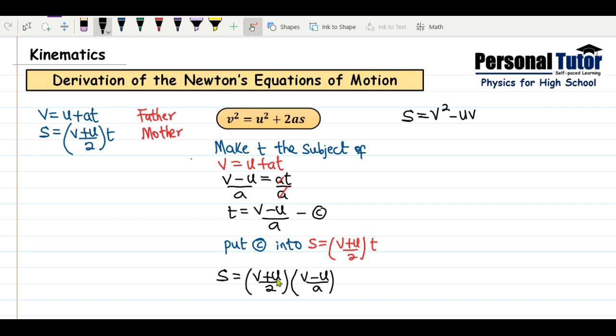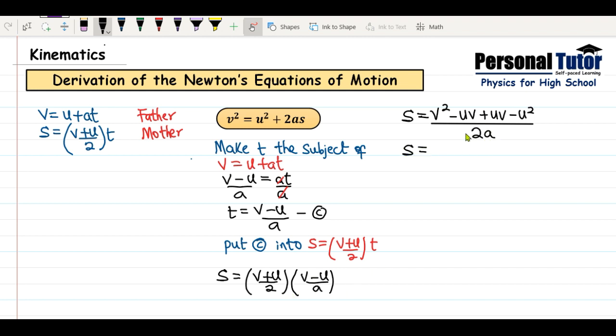You then pick the positive u and multiply by everything in the second bracket, the numerator first. So u times v will be plus uv. Then u times negative u will be minus u squared. All of this over, then now you multiply the denominator, and that will be 2a.